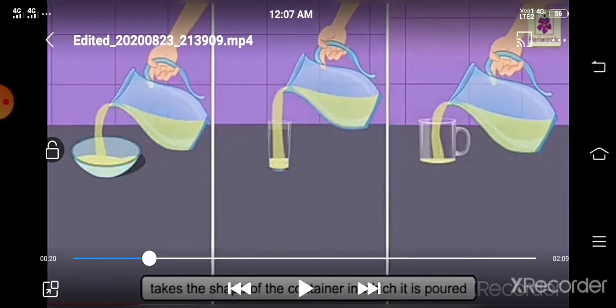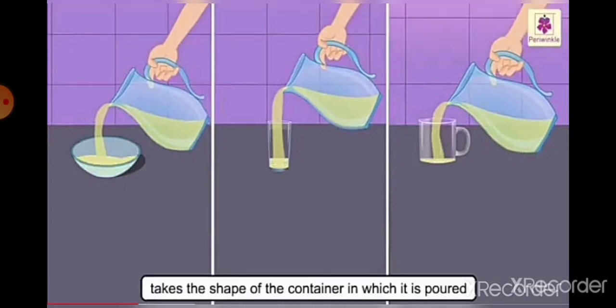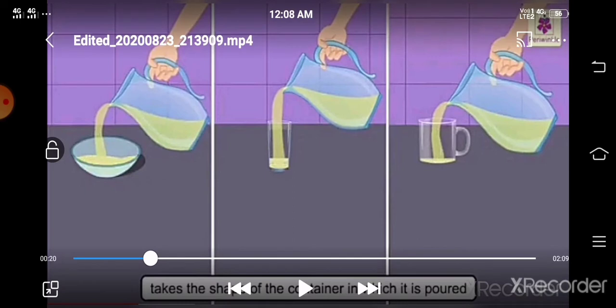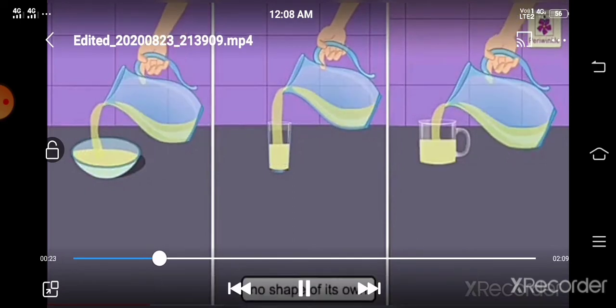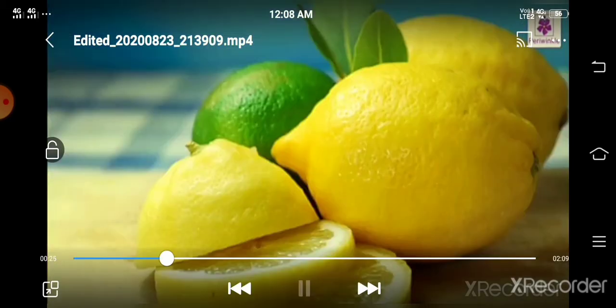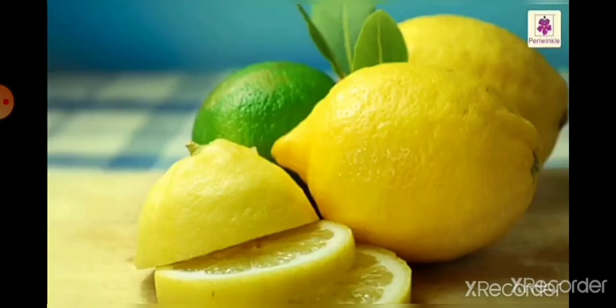When water is poured into a glass, it takes the shape of the glass. And when you pour water into a jar, it takes the shape of the jar. So a liquid takes the shape of its container; it has no shape of its own.